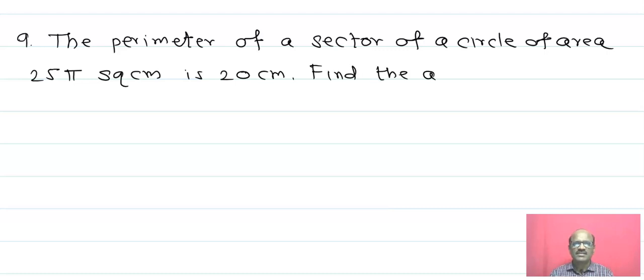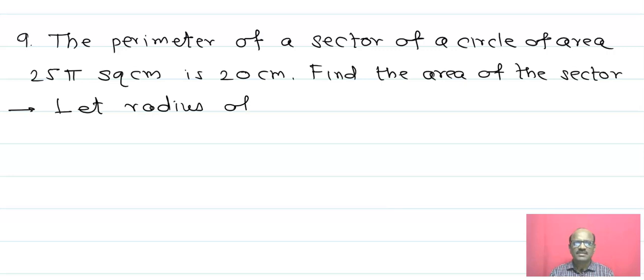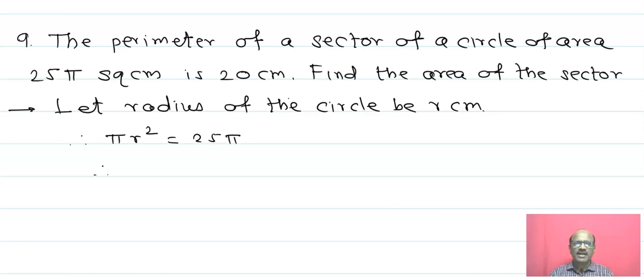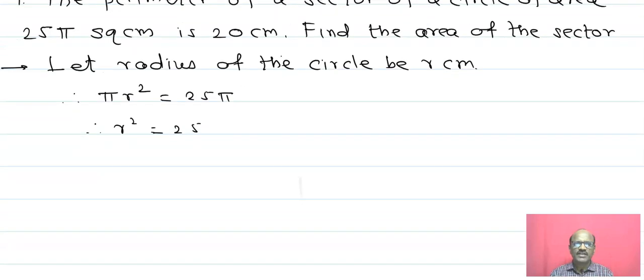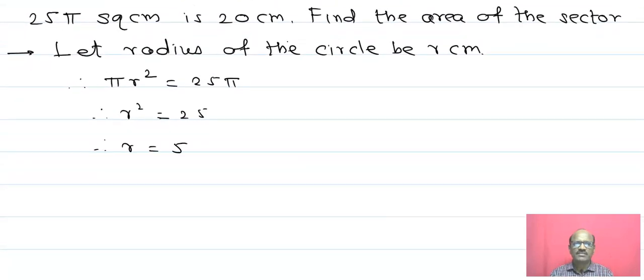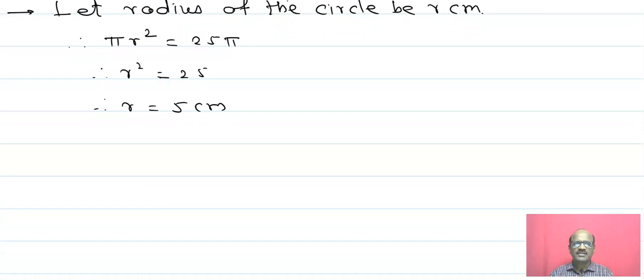Find the area of the sector. Now let the radius of the circle be r. Therefore pi r square is equal to 25 pi, r square is equal to 25. Therefore r is equal to 5 centimeter.